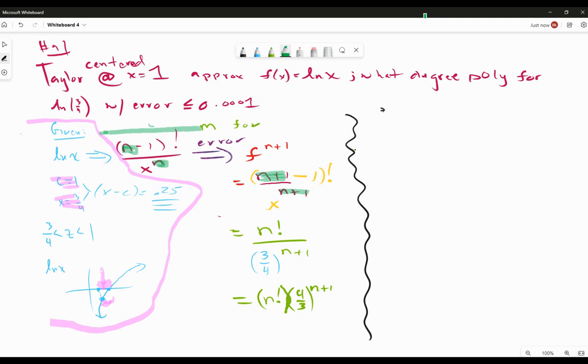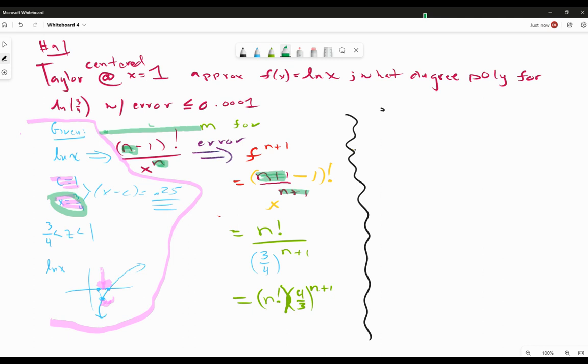When I did that, it set me up for a slightly different setup. I get 1 minus 1 on top, and so I just get n factorial here. On the bottom, I get an x value, which is probably going to be my largest error anyways, from right here of 3/4. So I get n factorial over 3/4 to the n plus 1.